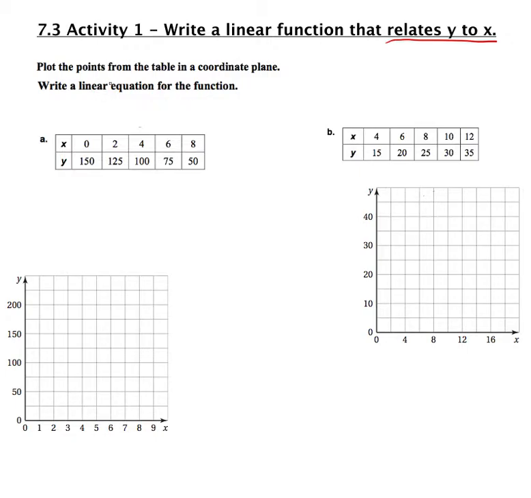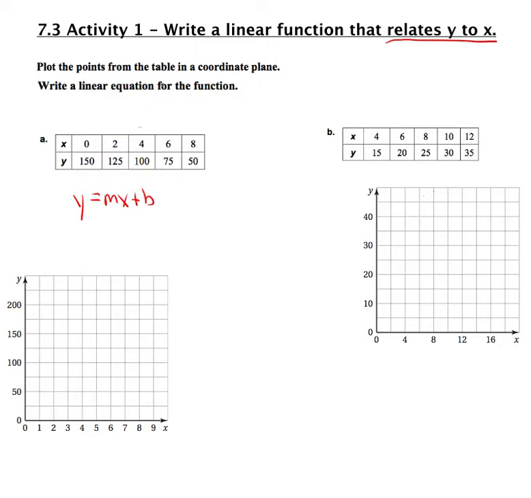We know how to do the linear equation, which is y equals mx plus b. So when it says write a linear function that relates y to x, that is exactly the same thing. Instead of equation, it could say function. Either of those are interchangeable.